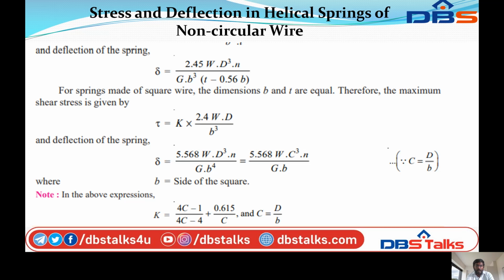That is equal to 5.568 W into C cube into N by G into B, since C is equal to capital D by B, where B is the side of the square. Note that in the above expressions K is equal to (4C minus 1) by (4C minus 4) plus 0.615 by C, and C is equal to capital D by B.